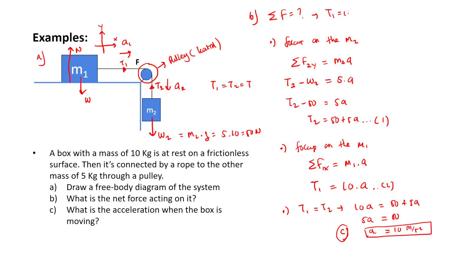T1 equals 10 times a. 10 is 10, a is 10, so it's 100 newtons. So this is the B answer. I hope you can understand. If you still can't get the point, you can just ask me in the class meeting.